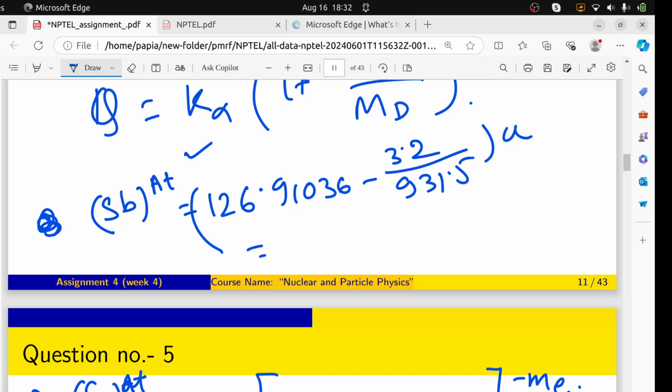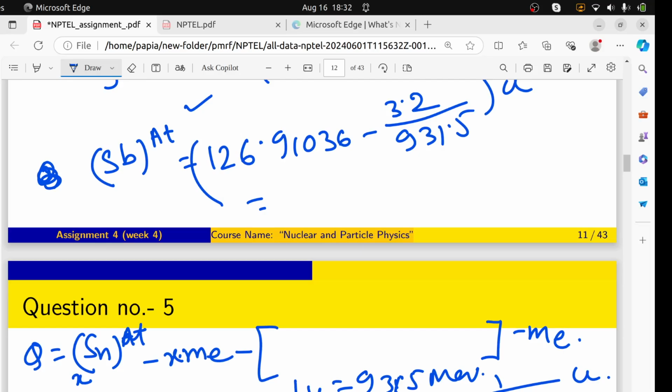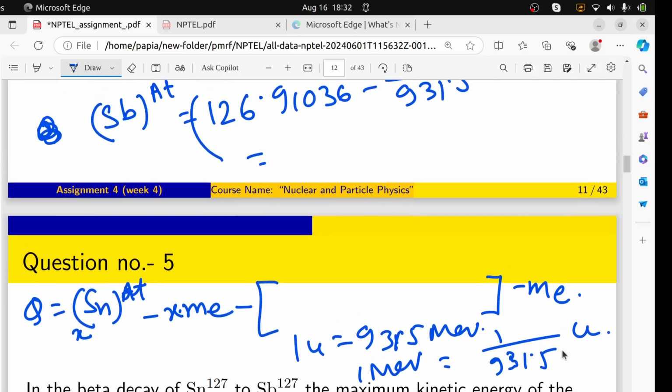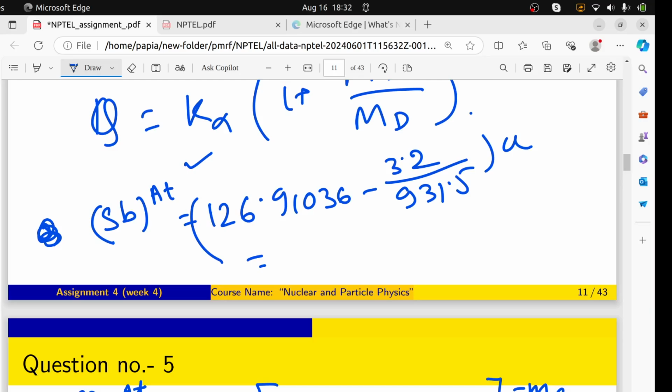Why have I written this term? Because 3.2 was in MeV unit and 1 MeV is equal to 1 by 931.5 U. So to convert MeV into U, I have just written this and then multiplied with 3.2.